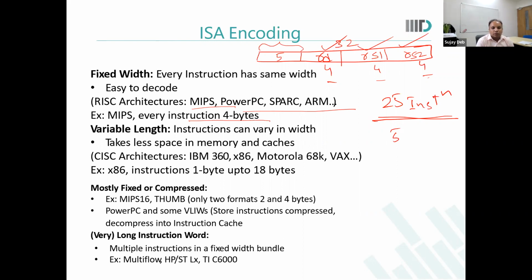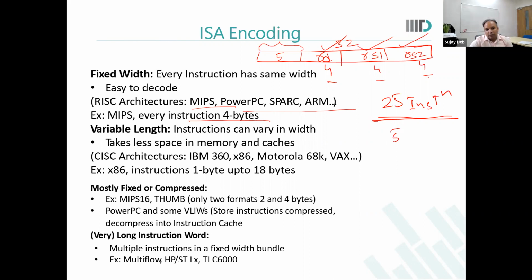Let's say you are designing a machine learning processor, a processor which will be doing a lot of multiply and accumulate operations. Let's say 90% of the time it will be doing multiply and accumulate. In that case, you might decide to reduce the length of that frequently used instruction and encode it in such a way that by reading 3 bits, you will know that it's the multiply and accumulate, so do these steps.